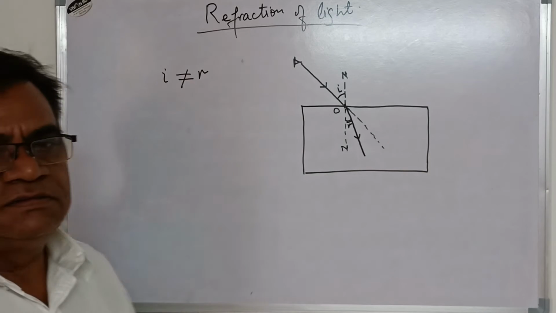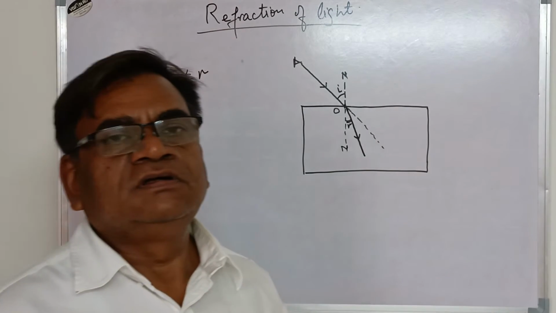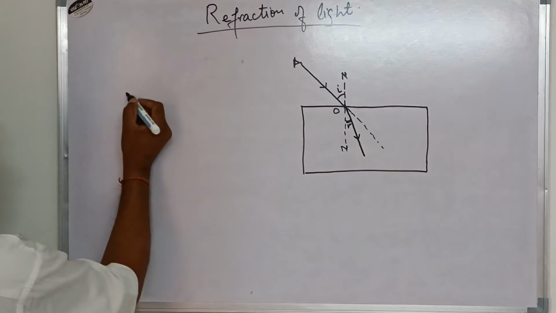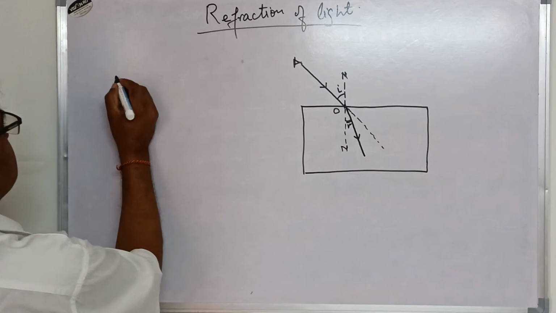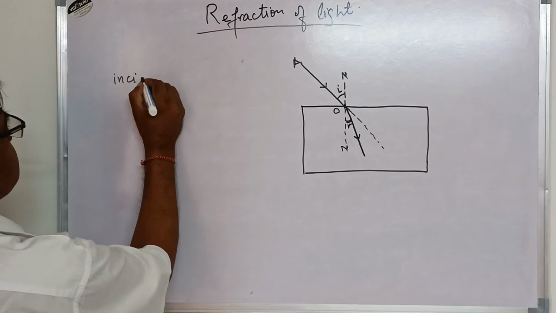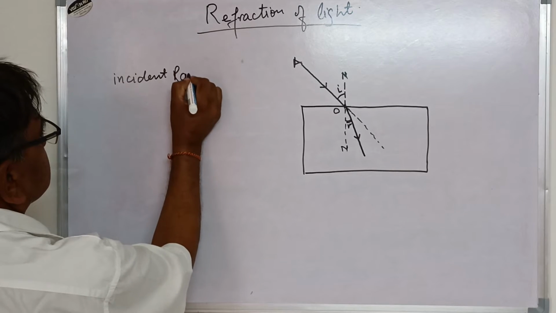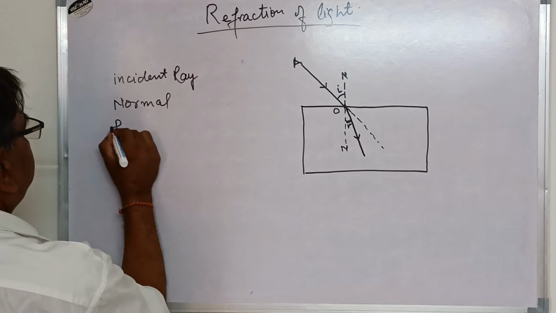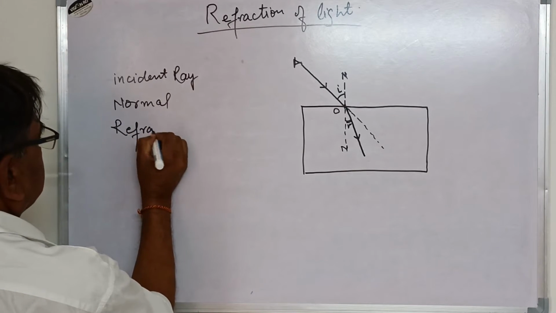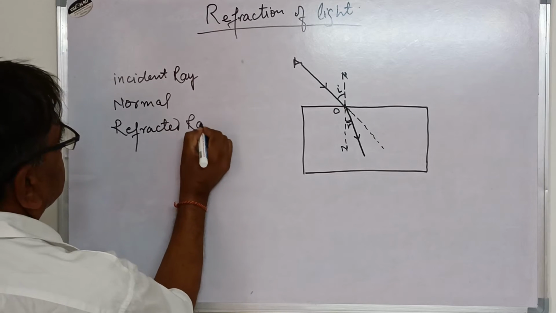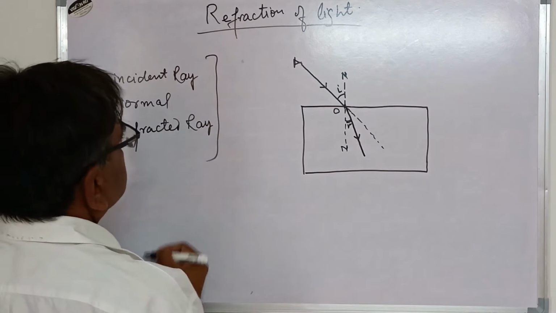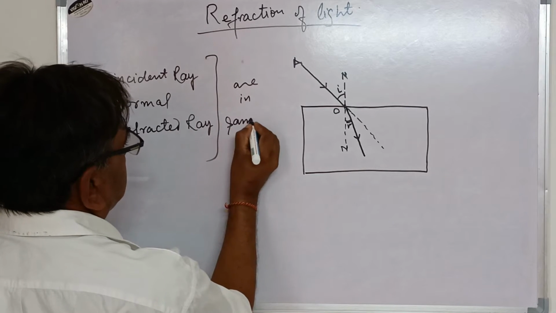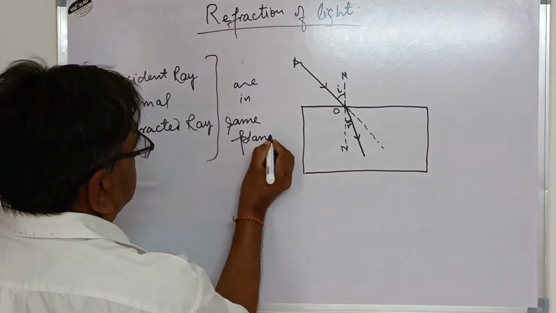So the first law, like that of reflection, is conceptual. It states that the incident ray, the normal and the refracted ray are in the same plane.